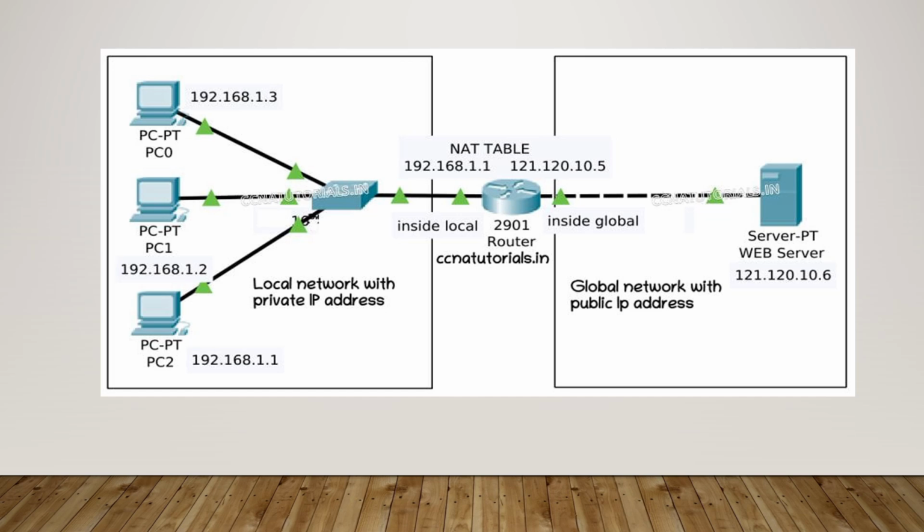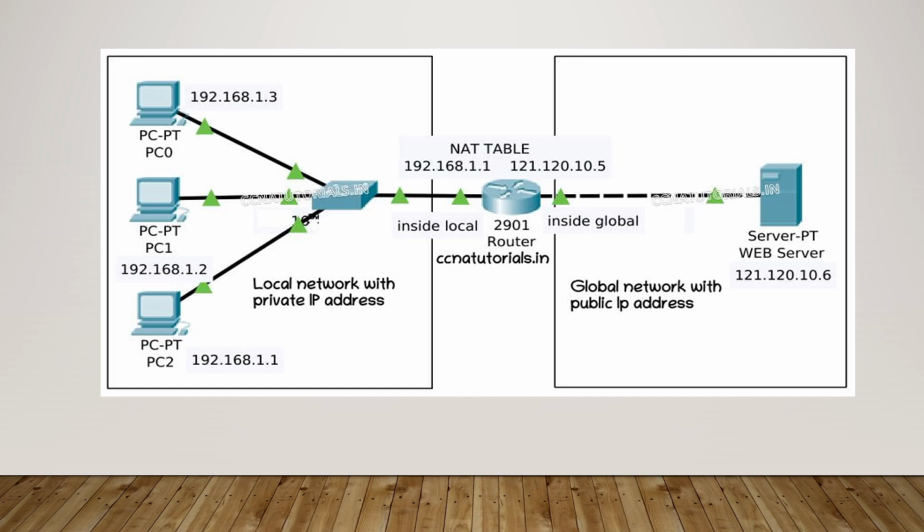These addresses are part of a specific range designated by the Internet Assigned Numbers Authority for private use. They are widely used in LANs, local area networks, and rely on a router to connect to the internet via a public IP address.